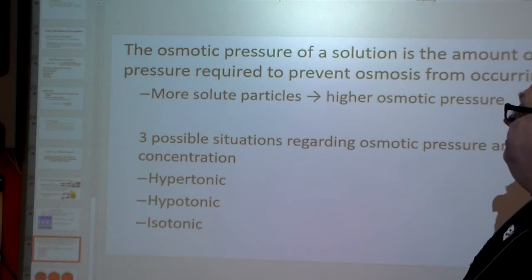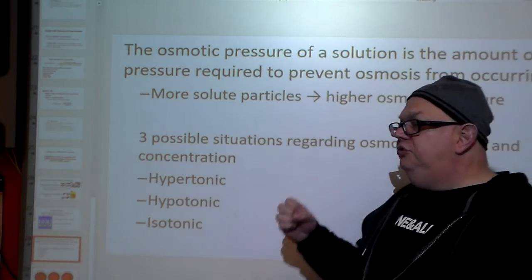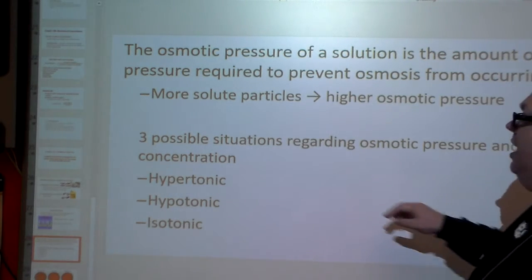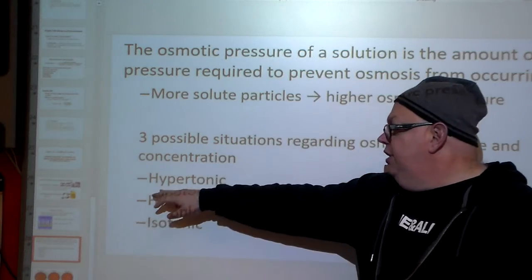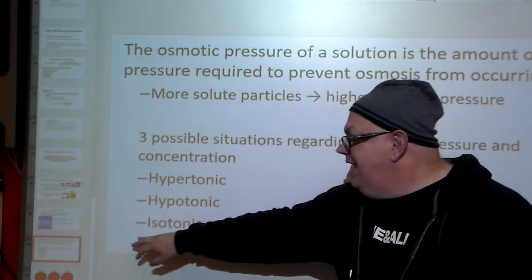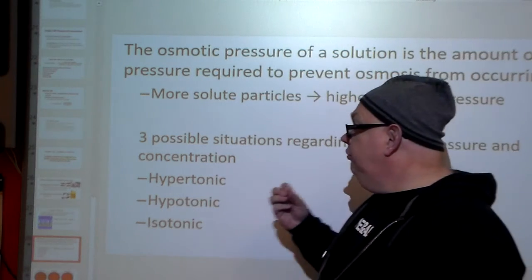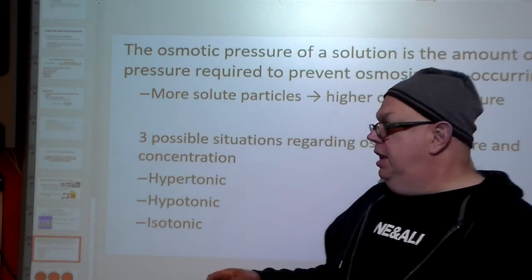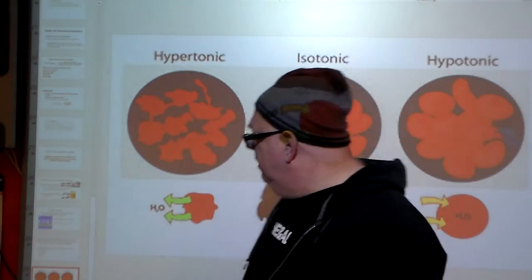Living things have it. Okay? It's natural. Now, there's three possible situations that you have regarding osmotic pressure and the concentration. There's hypertonic, hypotonic, and isotonic. Those are the three things. Hypertonic, hypotonic, and isotonic. Well, let's take a look here.